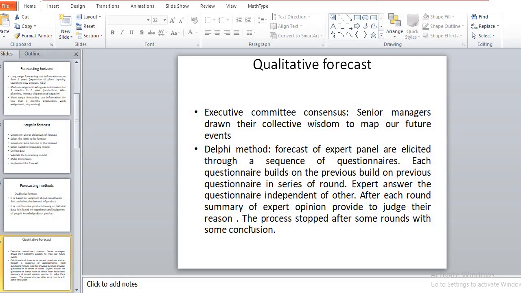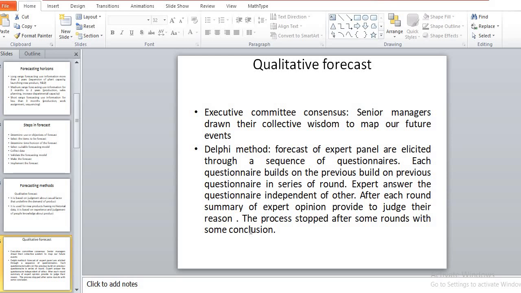These committee members give their opinions according to their collective wisdom about the future product, and they conduct decisions in open meetings.